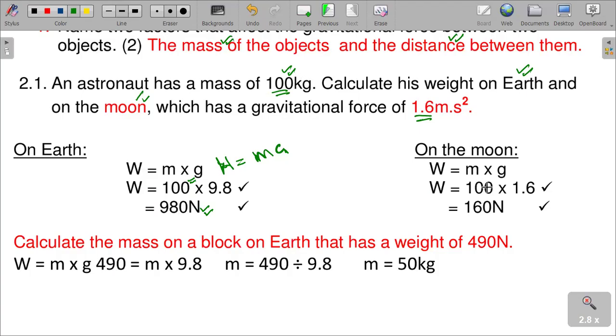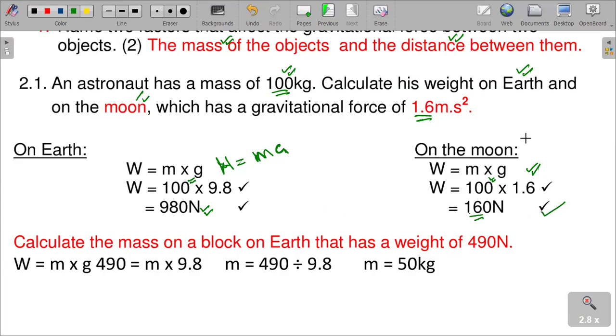So our mass is 100 kgs multiplied by 1.6, which is on the Moon. Hence we get the weight as 160 newtons.